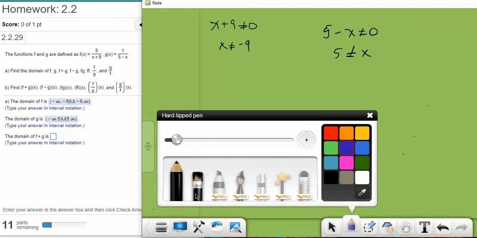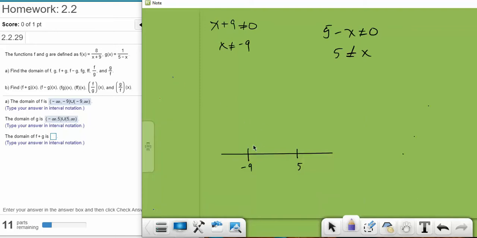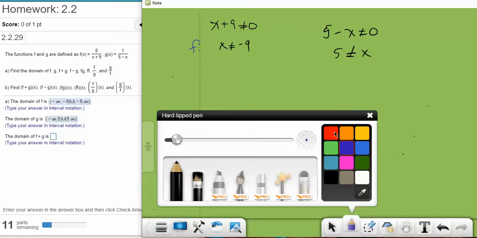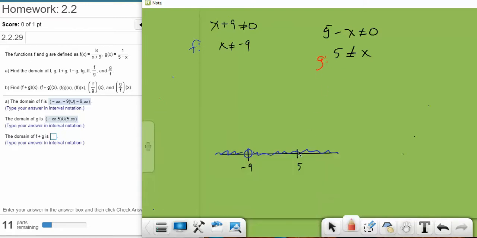The blue we'll say is f, domain for f is everything but negative 9, right? And then the domain for g, make that one red, is everything but 5, right? So what they have in common is, see, negative 9 is not in both because it gets thrown out for the f, and 5 is not in both because it gets thrown out for g.